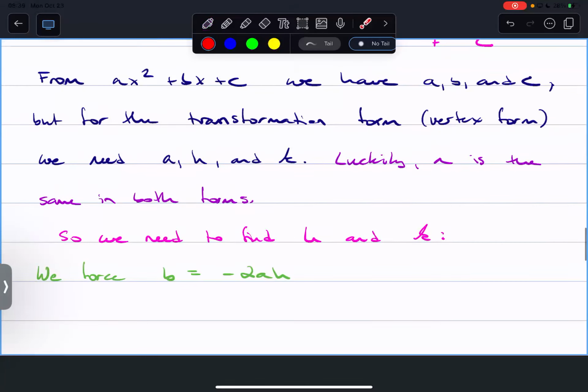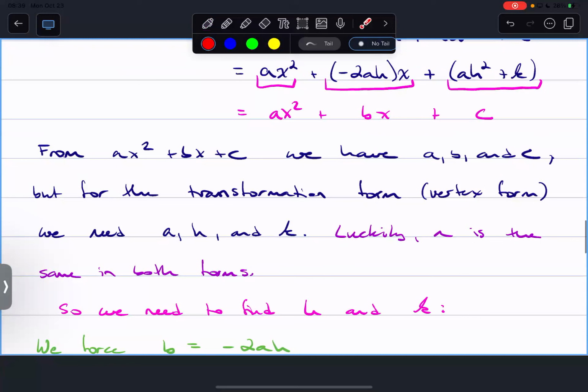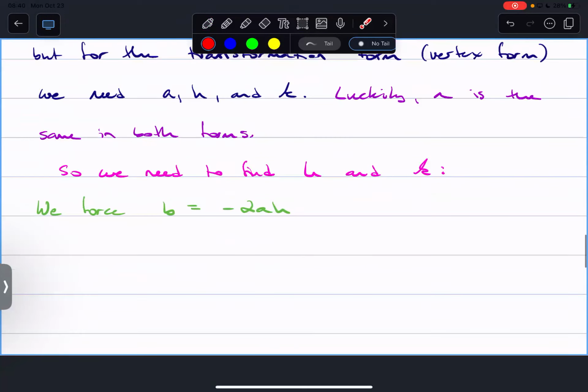So here, we saw that this whole coefficient negative 2AH has to be the same as B. Okay. So if I want to find H from this thing, what do I have to do?